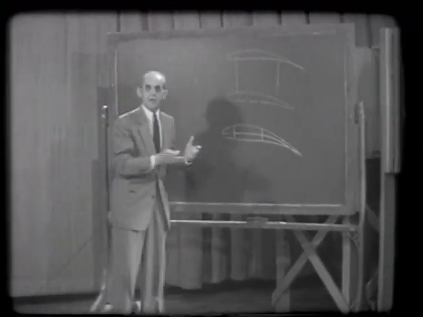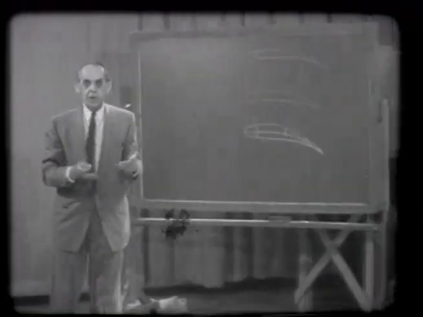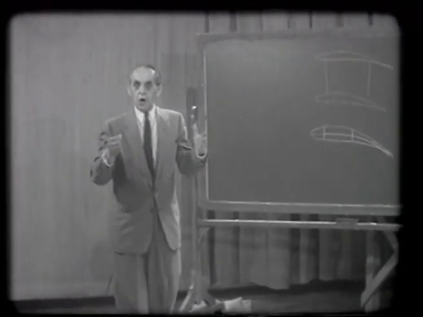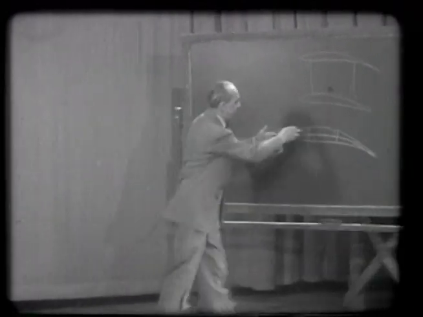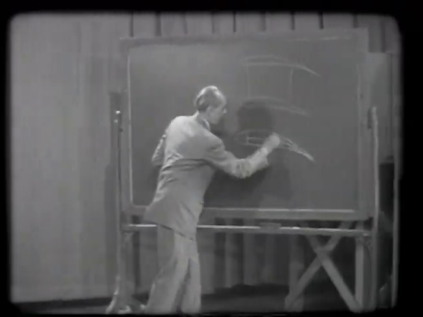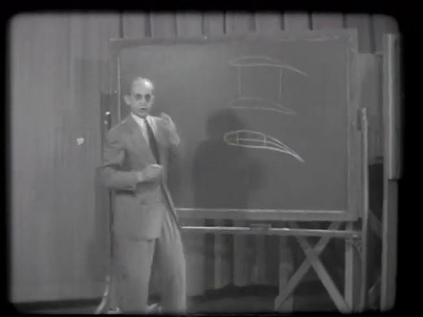And so I would have a structure which would contain all members to make the thing stiff inside of the wing, and I would have a very smooth outer surface.